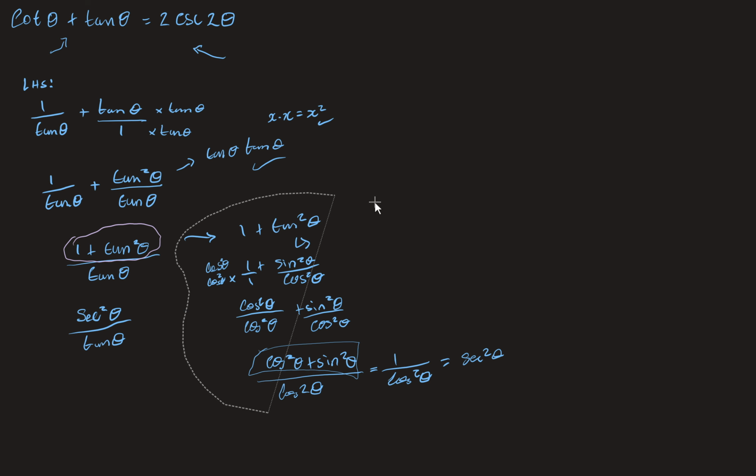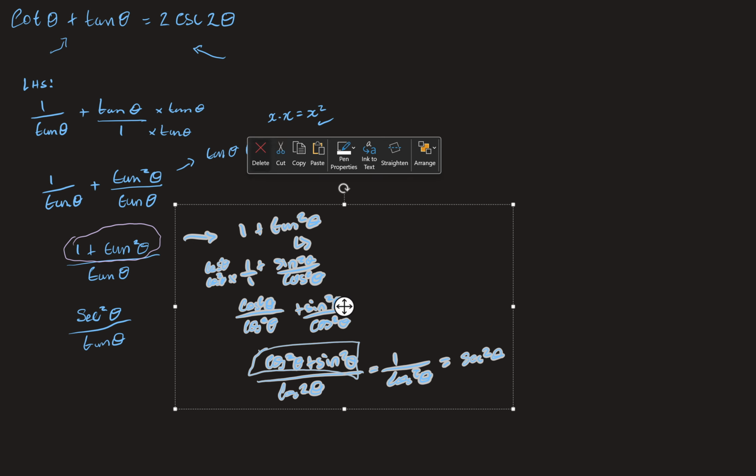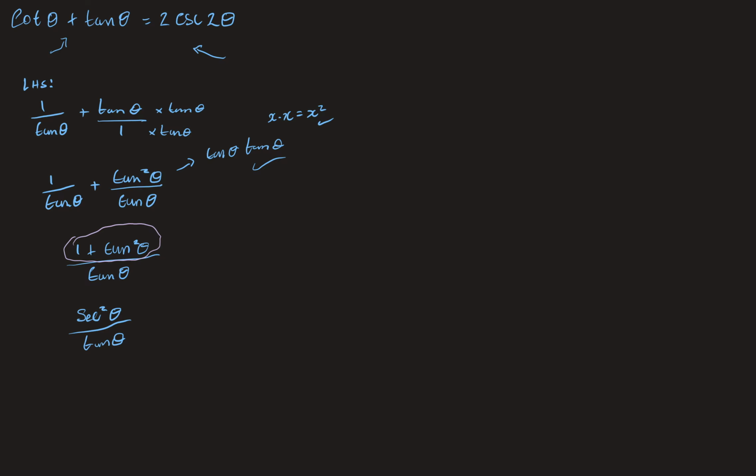But moving from there, we can just replace it by secant squared theta. Now, tangent theta and secant squared theta hold more properties. We can introduce new identities on them. Tan theta can be written as sine over cos, and secant squared theta can be written as 1 over cos squared theta. This is just me simplifying things. So it's 1 over cos squared theta, as I just proved earlier, divided by sine theta over cos theta.